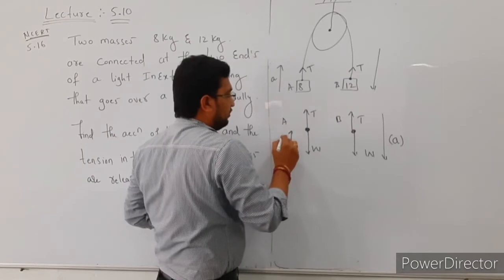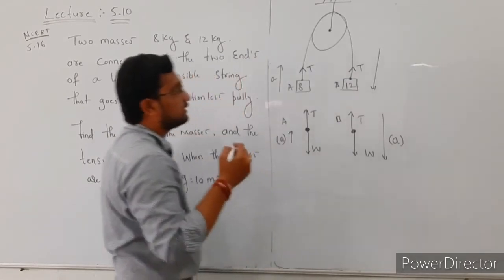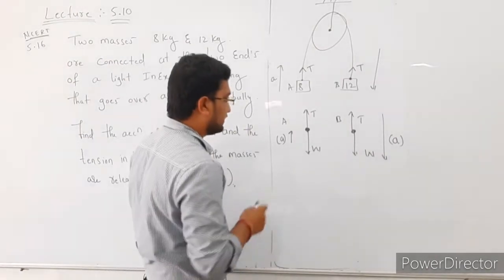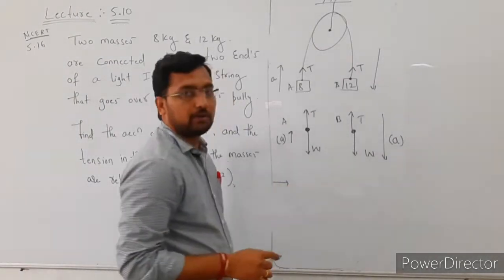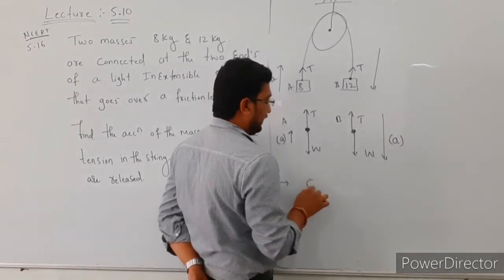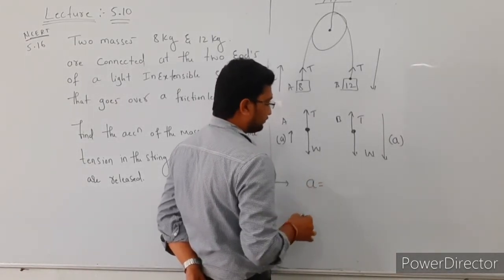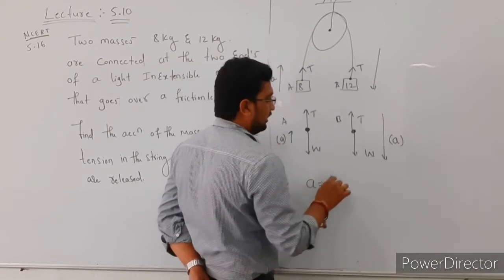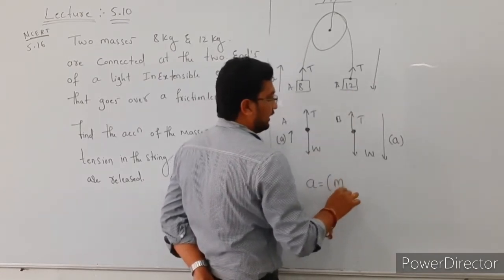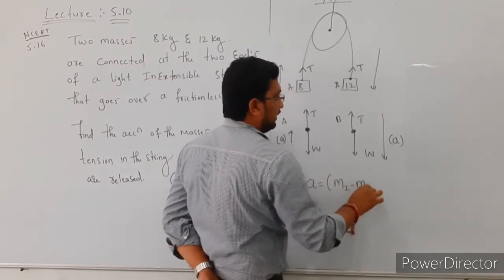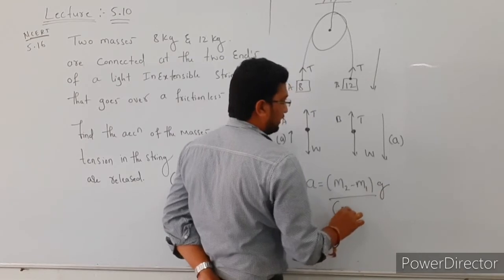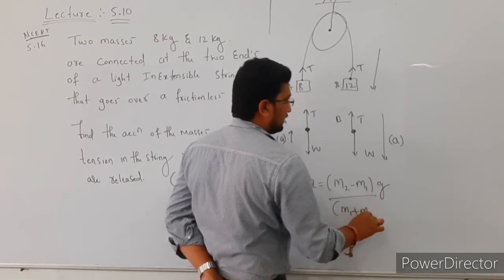So first we have to determine the acceleration of the system. We already discussed this concept and derived one formula to calculate the acceleration of the system, that is a equals m2 minus m1 into acceleration due to gravity divided by the total mass of the system, m1 plus m2.